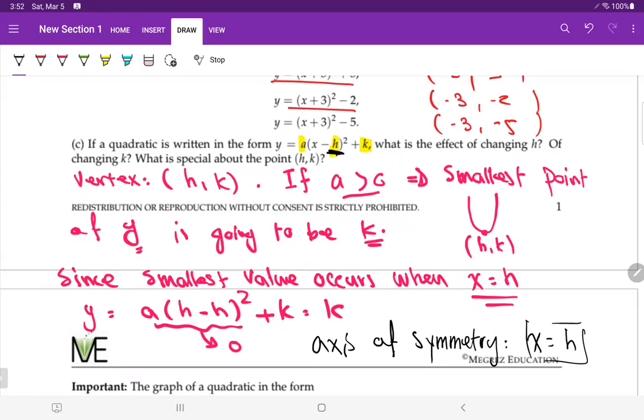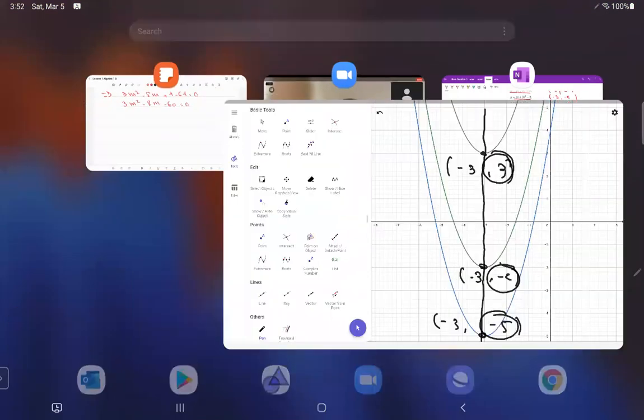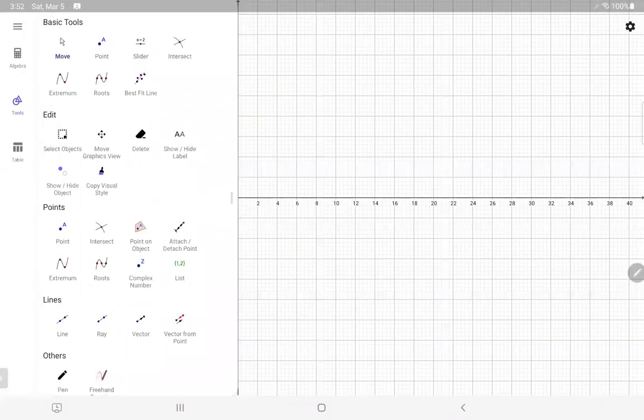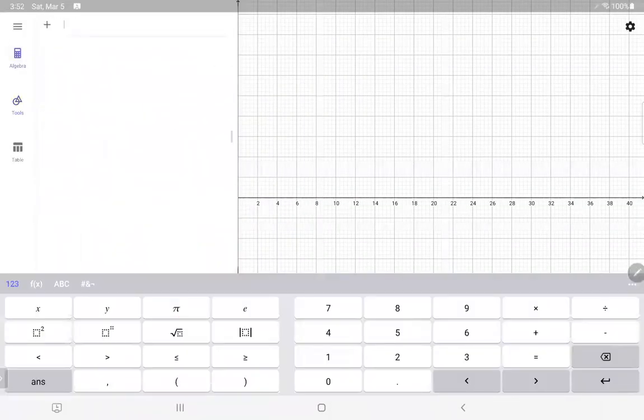Again, as we said, if A is negative, things will be flipped over. Let's take, for example, Y equals negative 2 times (X minus 3) squared plus 5.